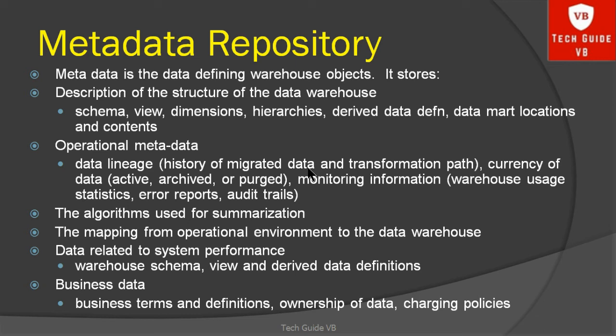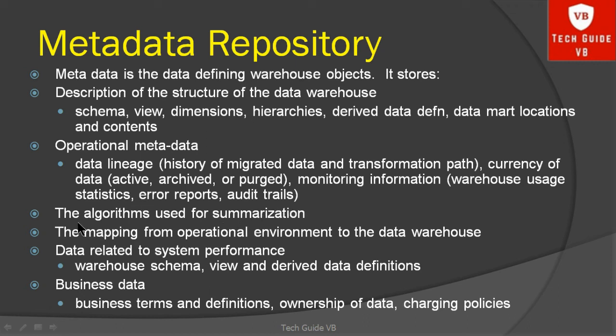It stores the description of the structure of the data warehouse, that is the schema, view, dimensions, hierarchies, derived data definitions, data mart locations, and contents. And it stores the operational metadata, that is the data lineage and currency of data, and monitoring information like statistics.